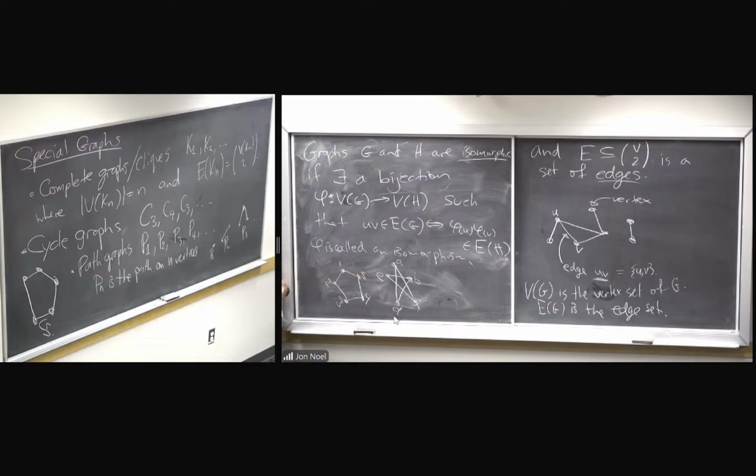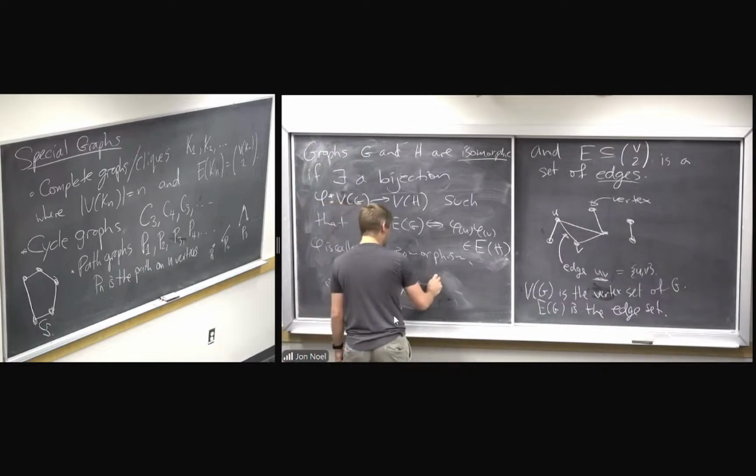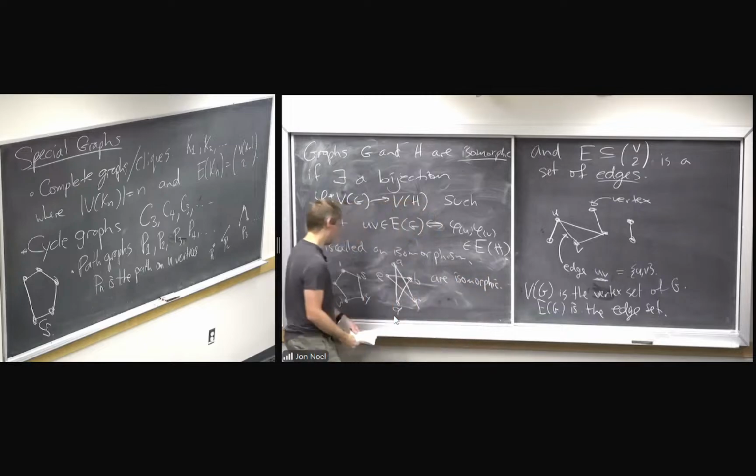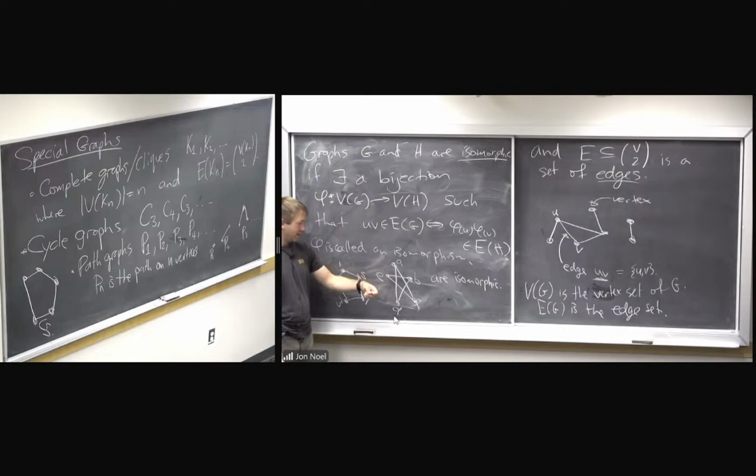They're not the same graph, but for all intents and purposes, they're pretty much the same graph. So these are isomorphic, because you just map 1 to A, 2 to C, 3 to E, 4 to B, 5 to D.